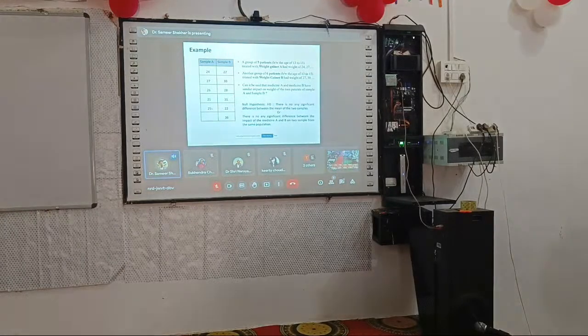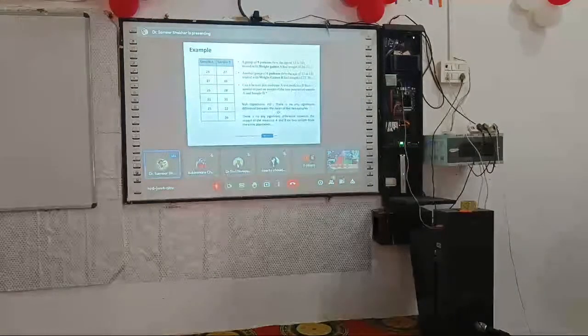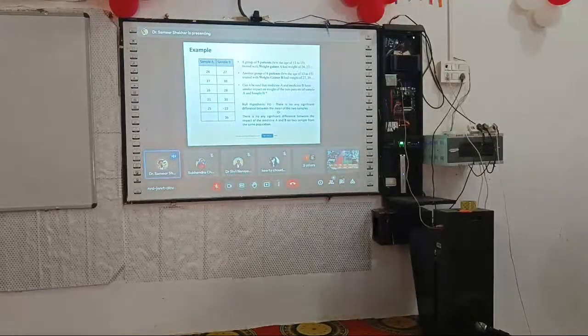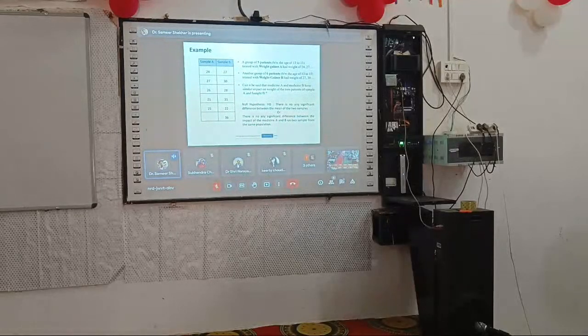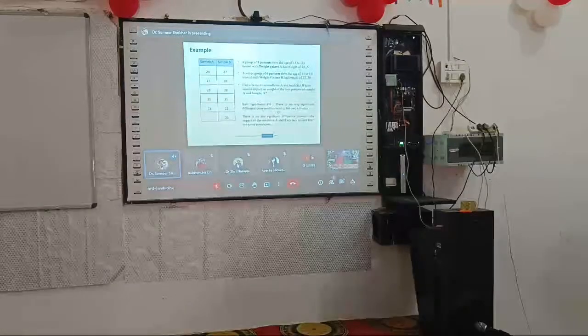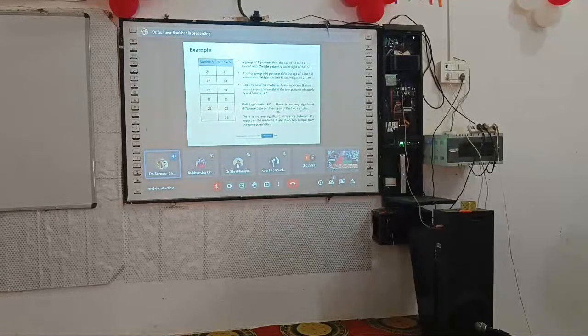Otherwise, if similar sample sizes had been taken, then it would fall under the category of paired t-test. Paired t-test, right? So here we have different sample sizes, two samples, from the same population. Now we are trying to find out whether there is no significant difference between the means of the two samples.